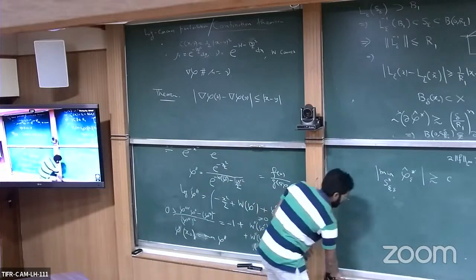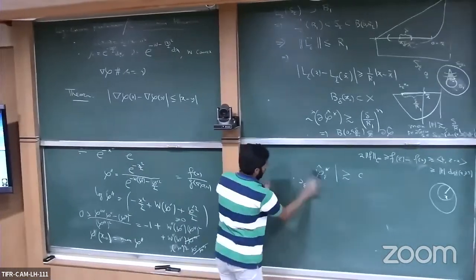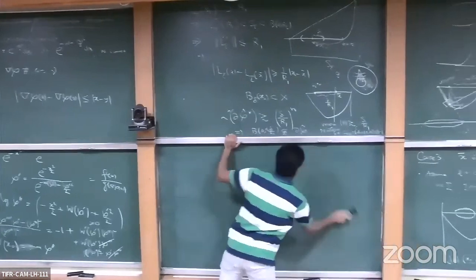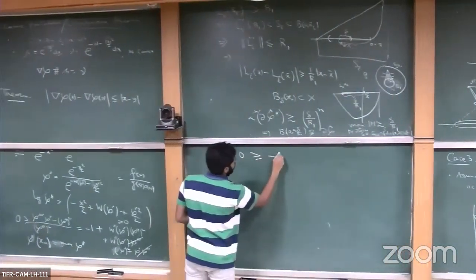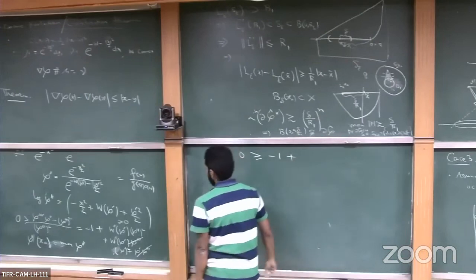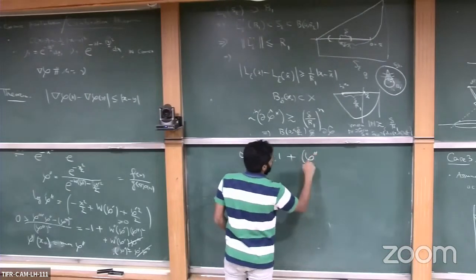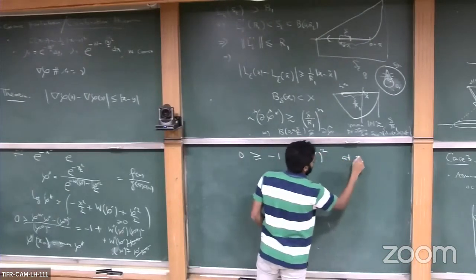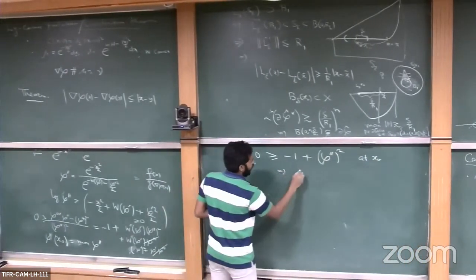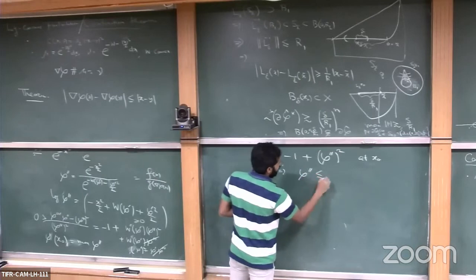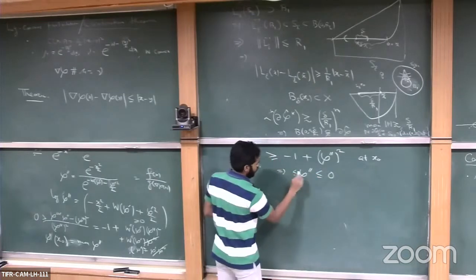So you get that 0 is bigger or equal to -1 plus P double prime square at the point of maximum. And that gives you that P double prime is less or equal to 1, and this is already convex.